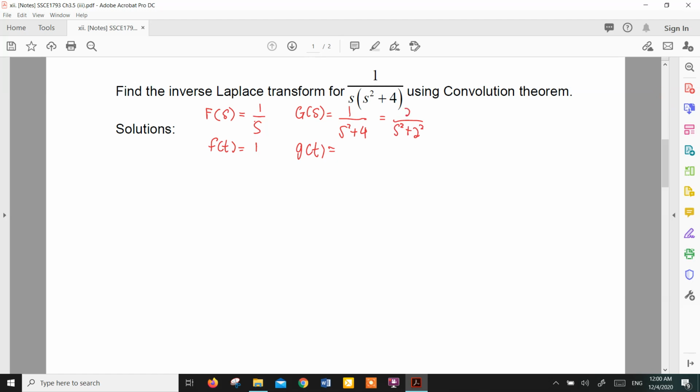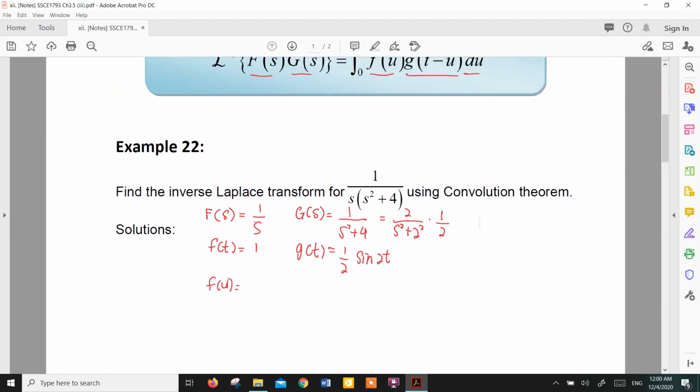So 2 squared, the 2 will be up here, and then you will have times 1 over 2, so that you can cancel the 2 and 2, and you are just left with 1 over s squared plus 4. So it is 1 over 2 because of this constant, and this will be the sine function, sin at, where a is 2t.